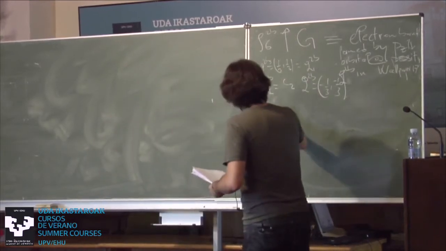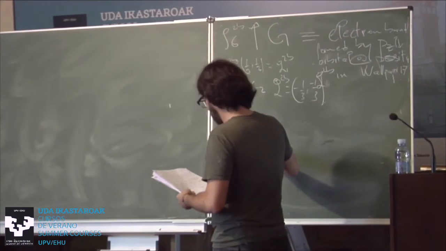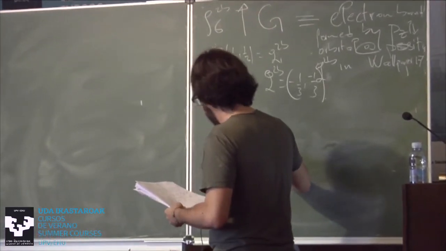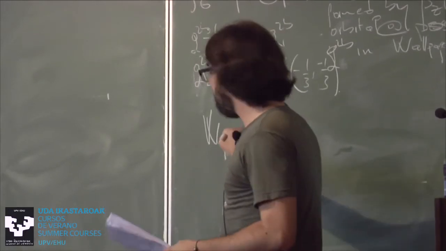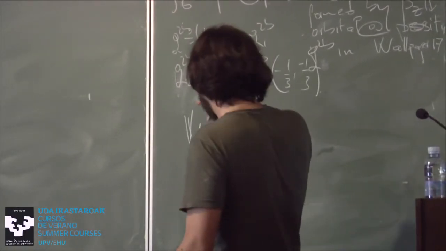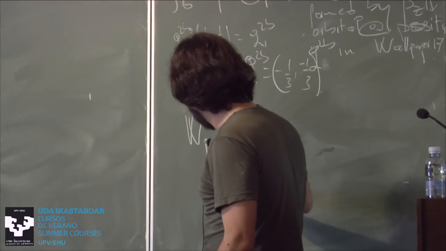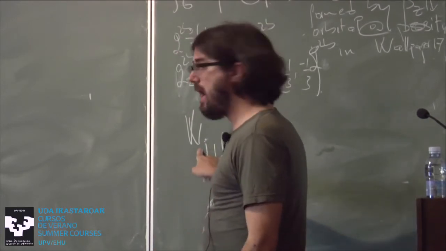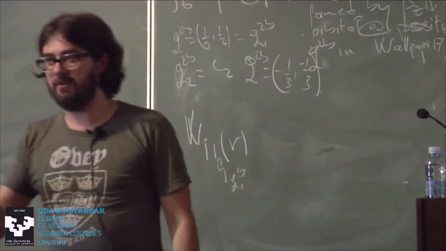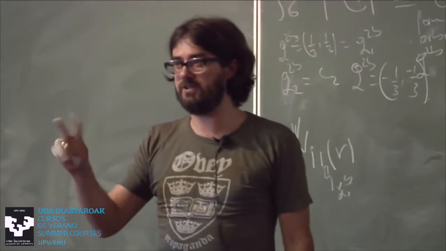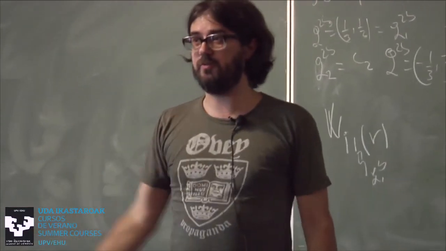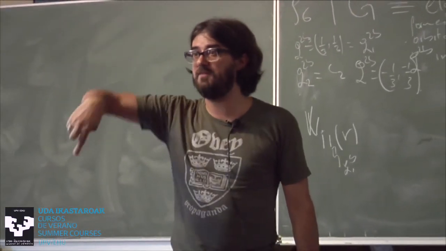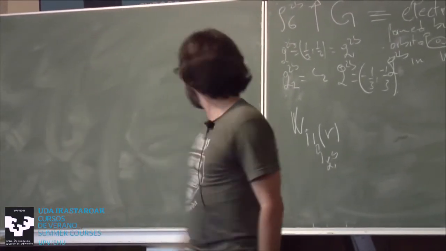I define with W I1 at position R the orbitals on the Wyckoff position Q1B. I is an index because you saw the representation was twofold. It was a two-dimensional reducible representation. So I, you can think of it as spin up and spin down. It's just the index of the representation.